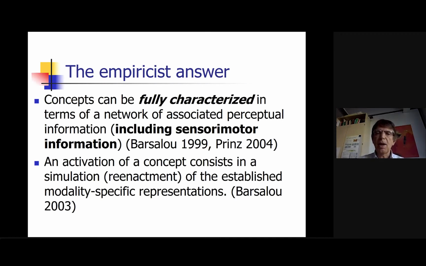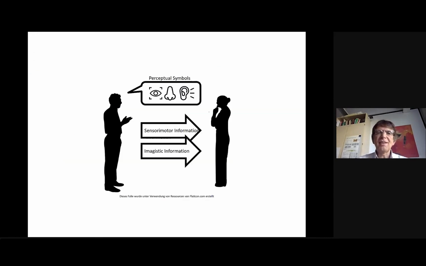Concepts, according to the well-known position of Barsalou, Prinz, and Pulvermüller, can be fully characterized in terms of a network of associated perceptual information, including sensory-motor information. And an activation of a concept consists in a simulation or reenactment of the established modality-specific representations. From a bird's eye view, the conceptual representations are perceptual symbols, transferring sensory motor and imagistic information.